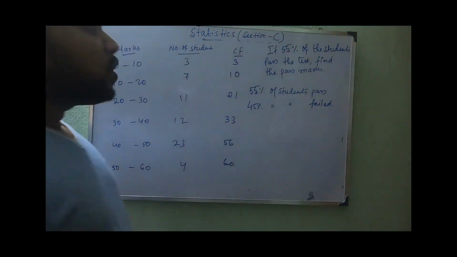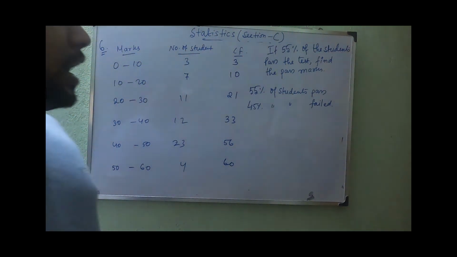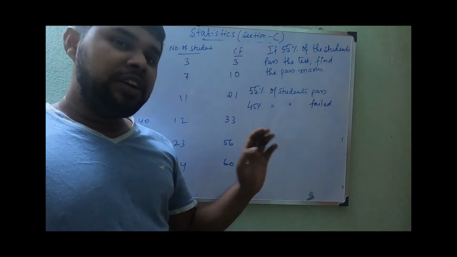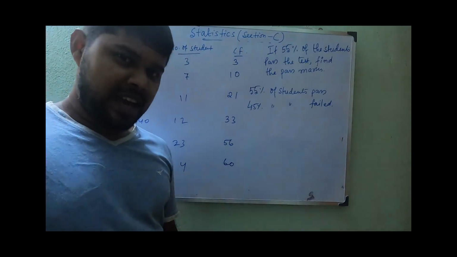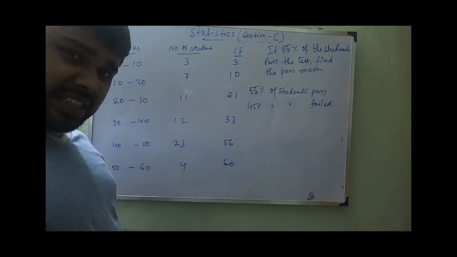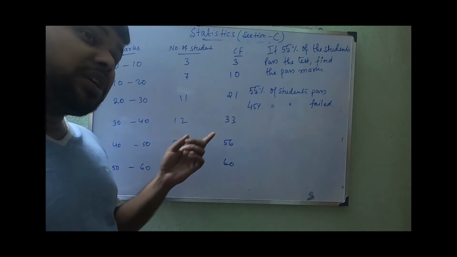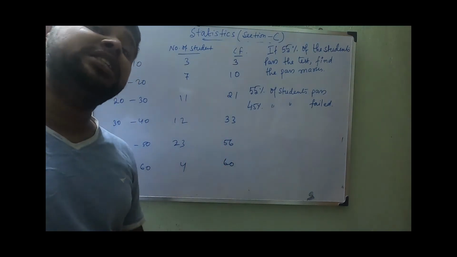Now, what is the meaning of 45% of students having failed? That is, all the students who have got 45 percentile or less have failed. In JEE or any kind of competitive exam, you will see the scores are given in the form of percentiles.